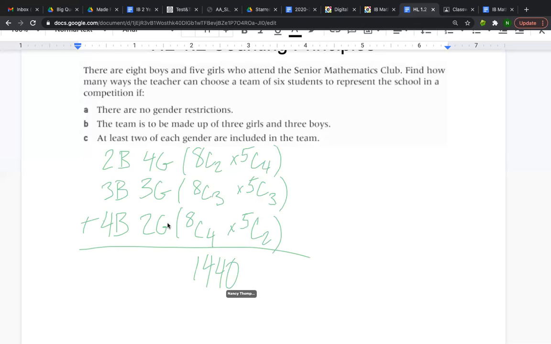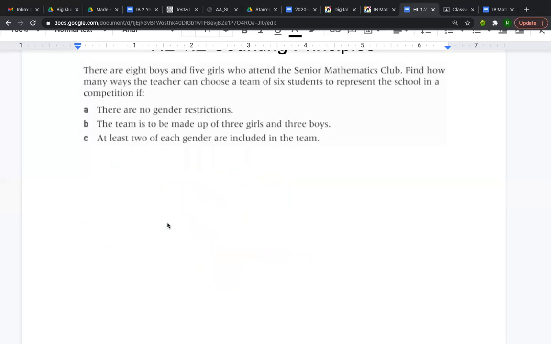I could be wrong on that one, but the other way to look at this one is to figure out if there are two of each gender on the team. That means I can take the total number of combinations from answer 1, and then subtract the cases where there are 0 boys or 0 girls.